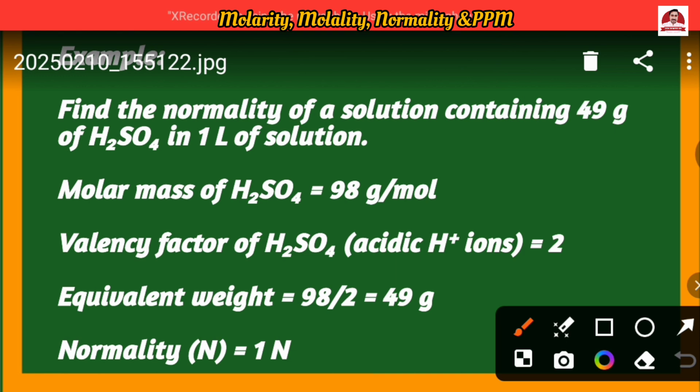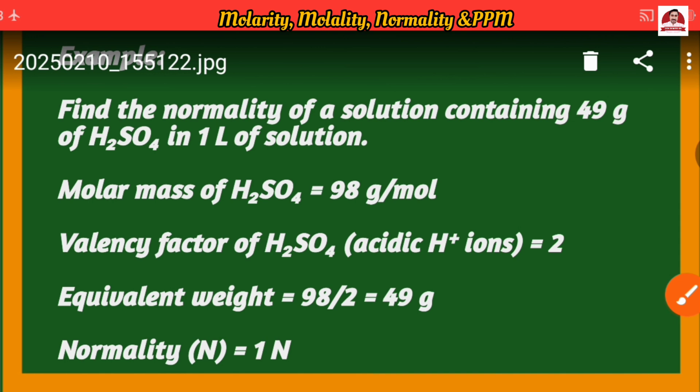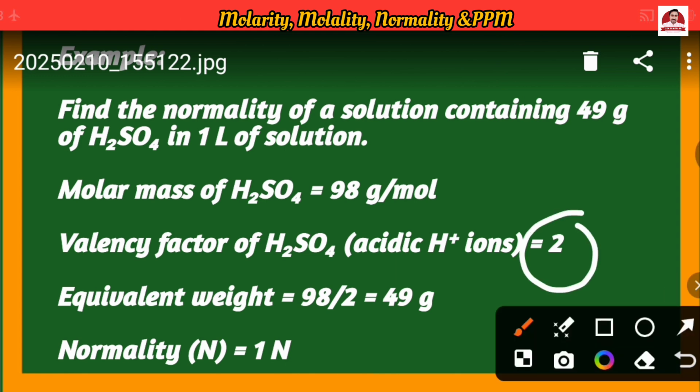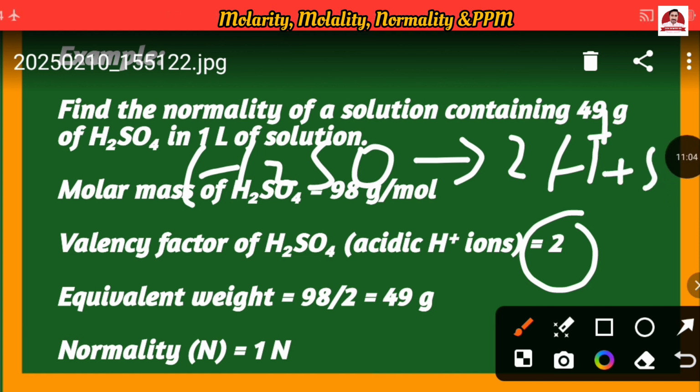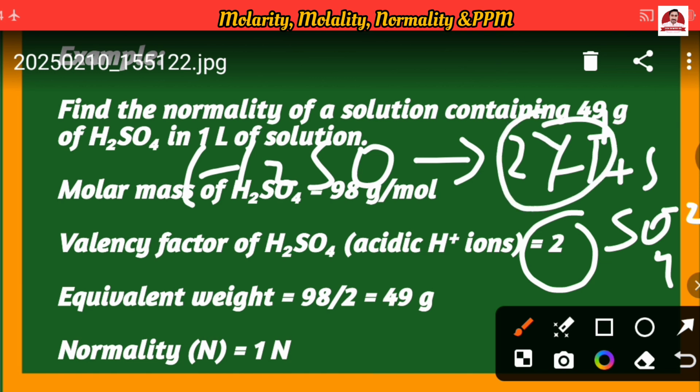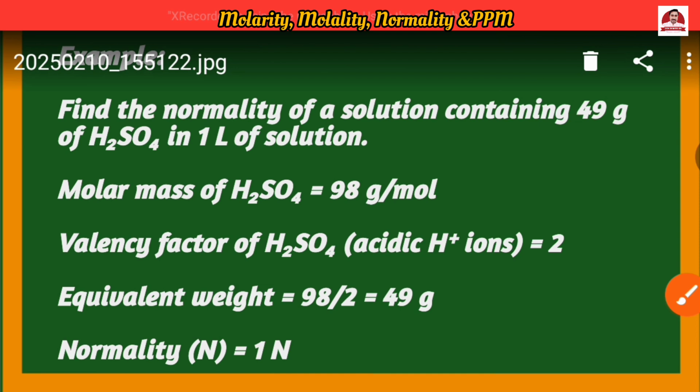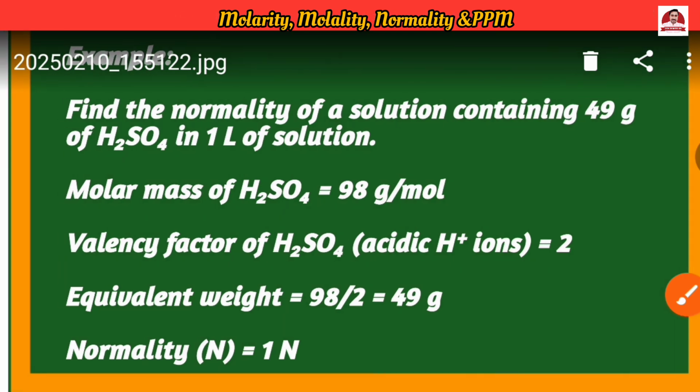Now the molar mass of sulfuric acid is 98 gram per mole, and its valency factor is 2, because when sulfuric acid dissociates or ionizes into its ions, it will change into 2 hydrogen ions and sulfate ion, SO4 ion, and here these 2 hydrogen ions are replaceable, which is the valency factor of sulfuric acid.